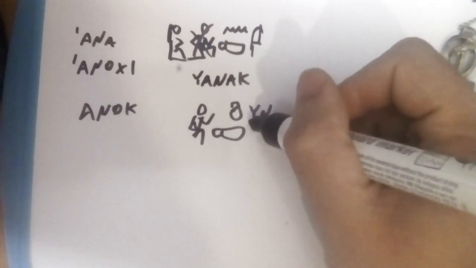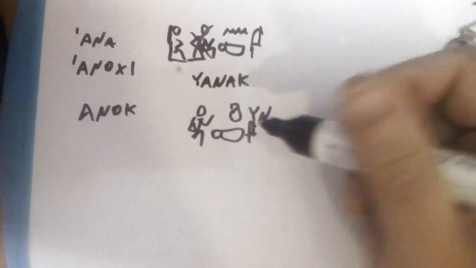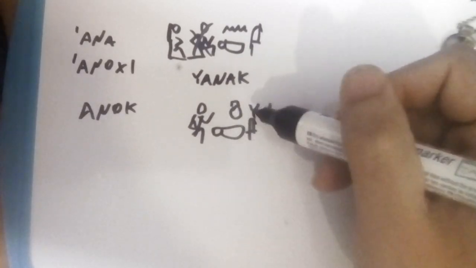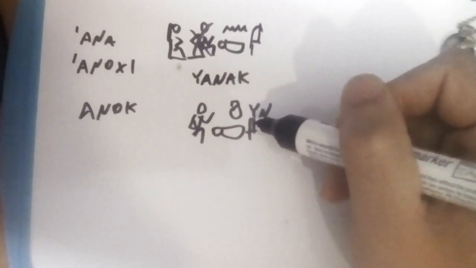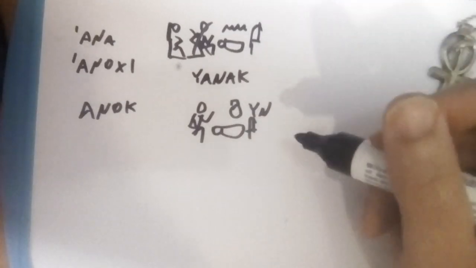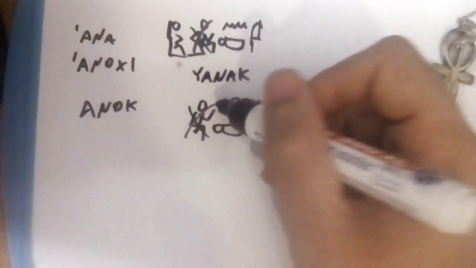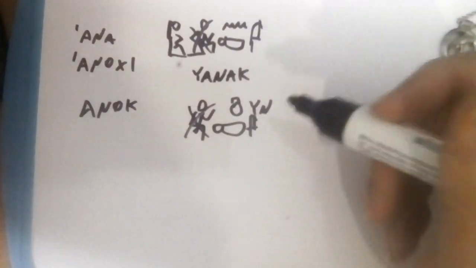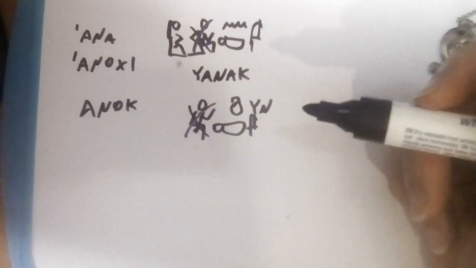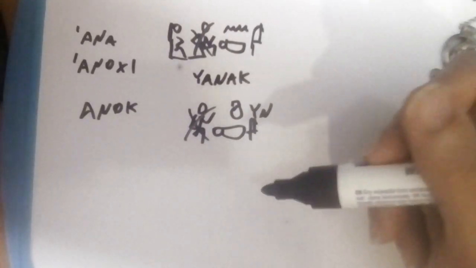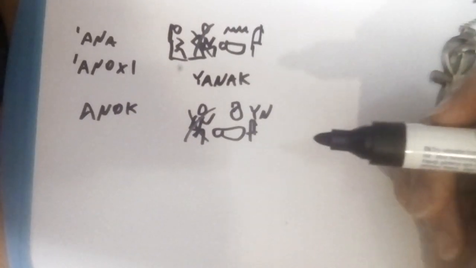For example, we could add here the y, although it was not needed, it was complementing the jar, so it was still read Yanak. Or the figure was absent. It doesn't matter. It was always read the same way. There were just several ways to spell out the word.